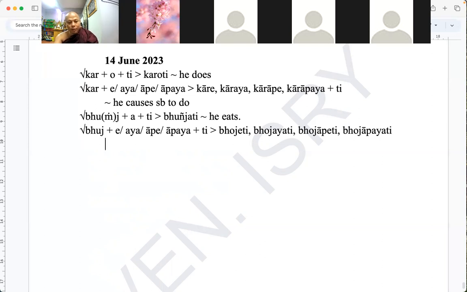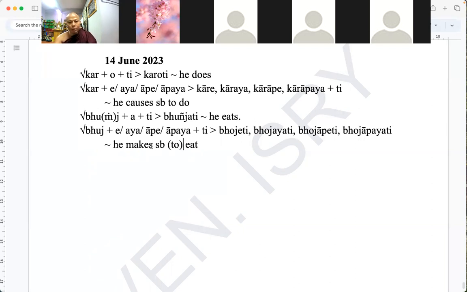So the meaning is he makes somebody eat, or causes somebody to eat, in this way.